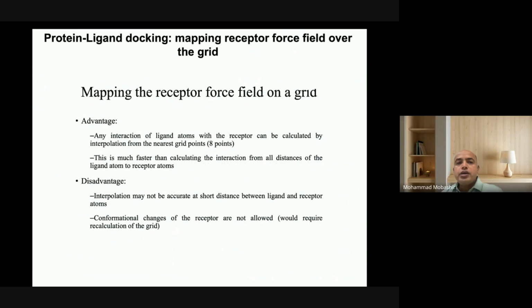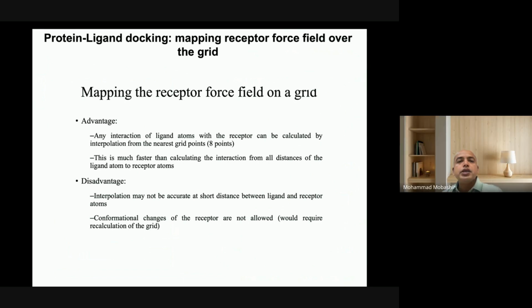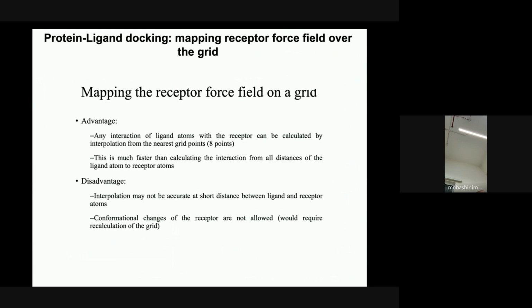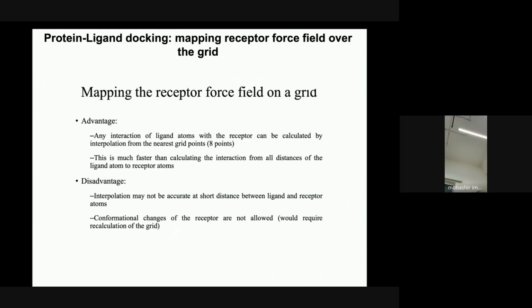Now, the advantage and disadvantage of mapping the receptor force field on a grid. Any interaction of the ligand atoms with the receptor can be calculated by interpolation from the nearest grid points. This is much faster than calculating the interaction from all the distances of the ligand atom to receptor atoms.